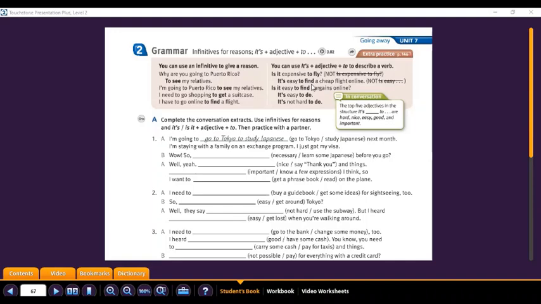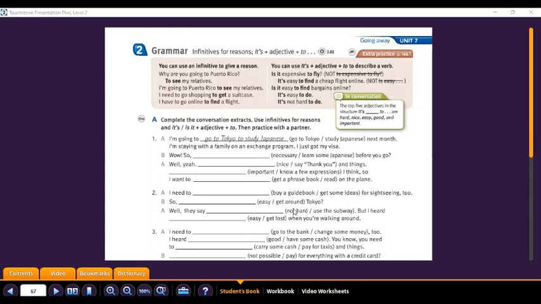Está describiendo fácil encontrar. Is it easy to find bargains online? It's easy to do. Es fácil hacer. It's not hard to do. No es difícil hacer. No vamos a poner is expensive to fly and is easy. Tenemos que poner it's siempre. ¿De acuerdo? Para describir el verbo.